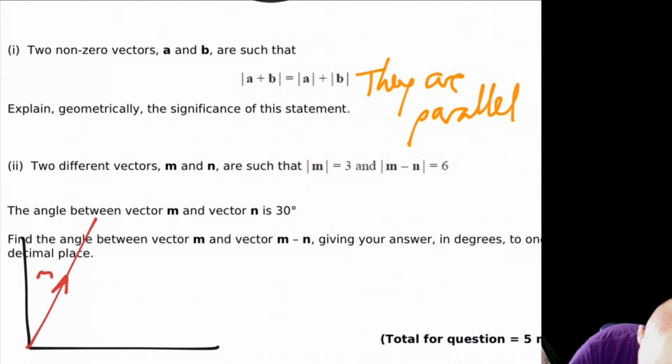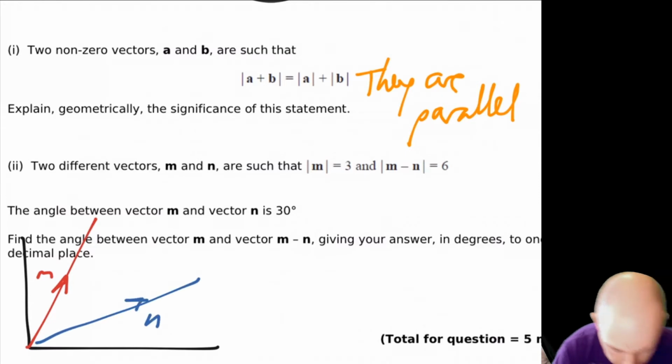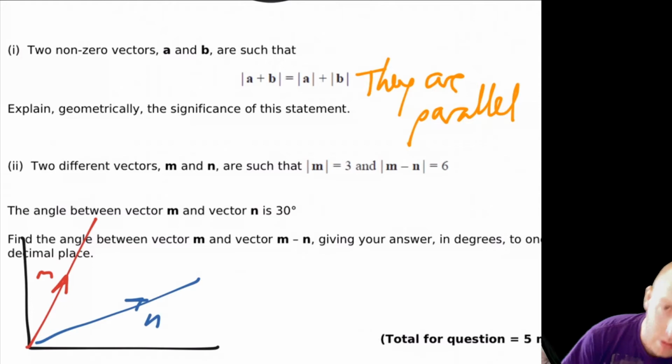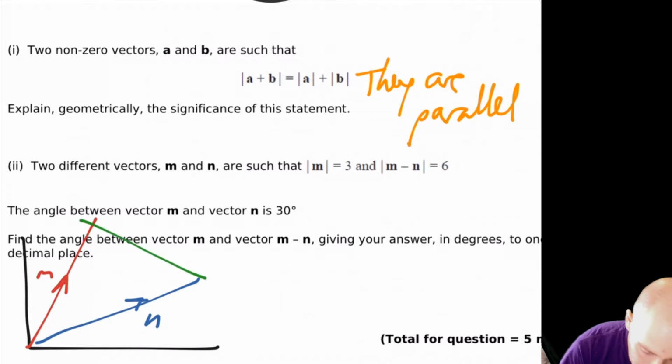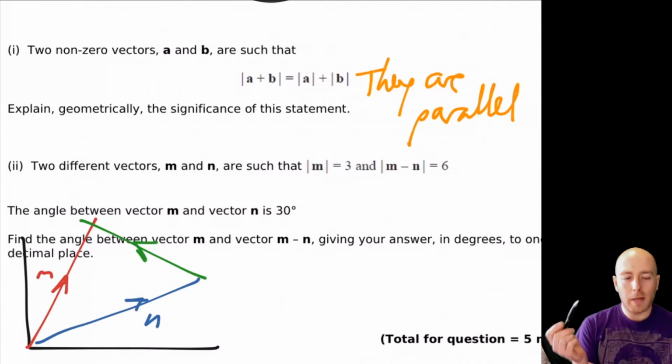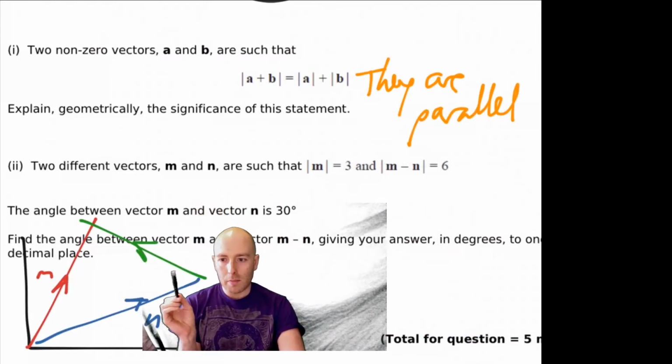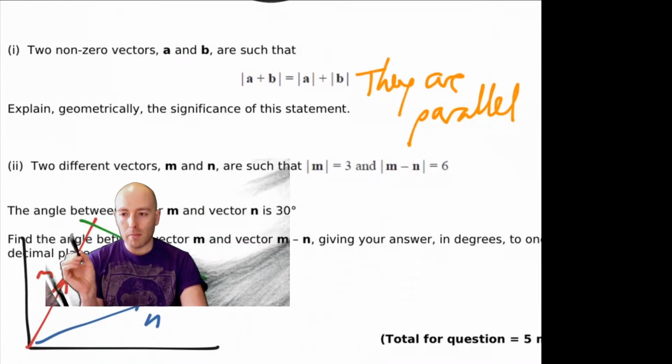M, N. We've been told the size of M take N. So if I draw M take N on here, M take away N, we could draw it as this line here. So you can imagine M take N is minus N plus M together.